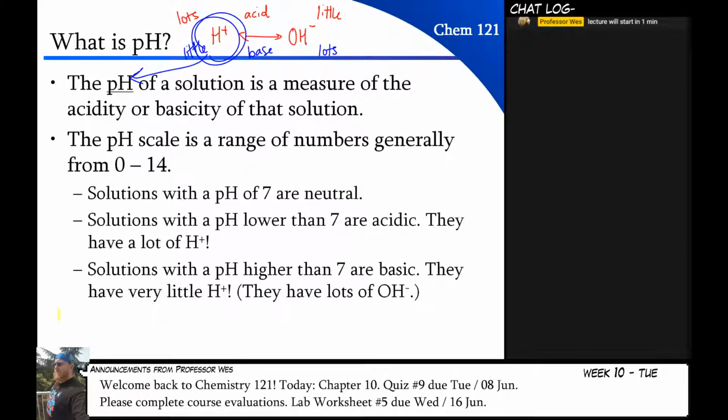An acidic solution has a lot of H+ relative to, say, a neutral solution. And if I go the other direction, a solution with a pH higher than 7, we're going to call that basic. A basic solution has very little H+, which means lots of hydroxide.